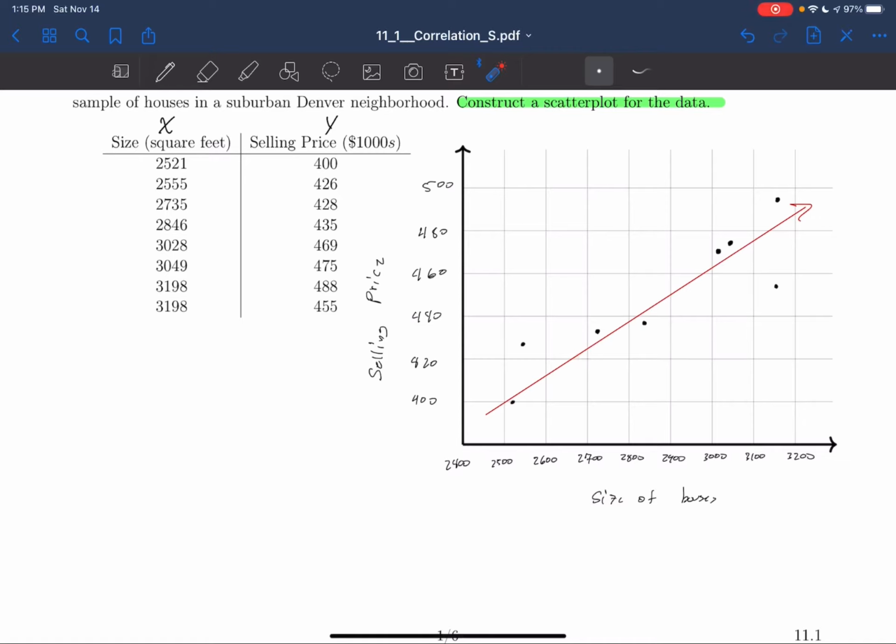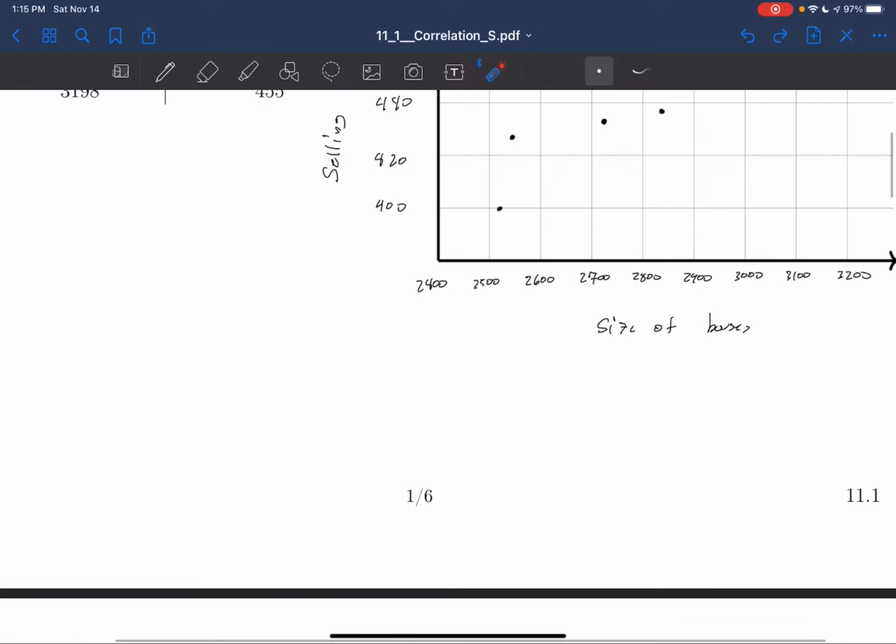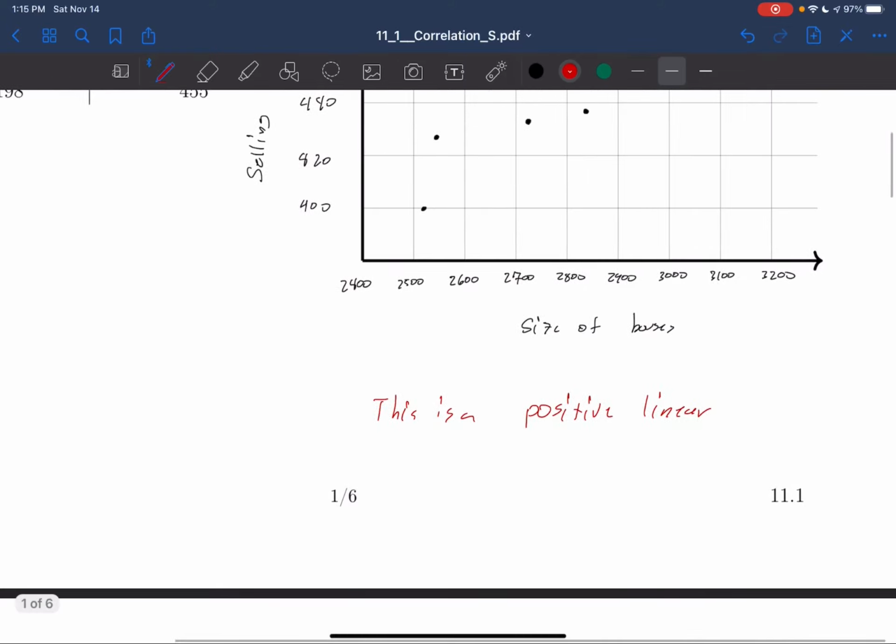But not only that, since we have increasing x values and increasing y values, we could also say it has a positive association. So we could say that this is a positive linear relationship.